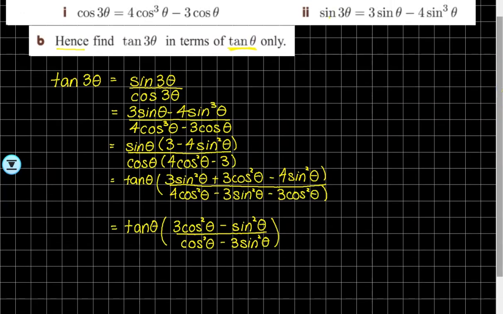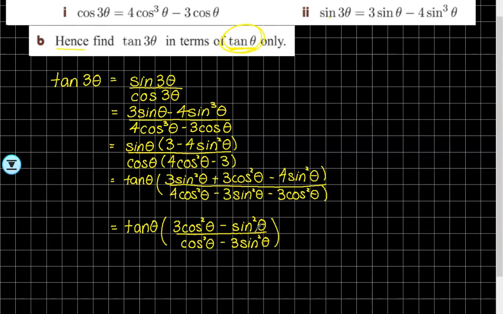going back to the question, write it in terms of tan only. So that means no cos, no sine, just tan. And that was what we were talking about before: I've got the sine squared here. I know that sine over cosine is tan. So if I divide this by cos squared, what do I get?